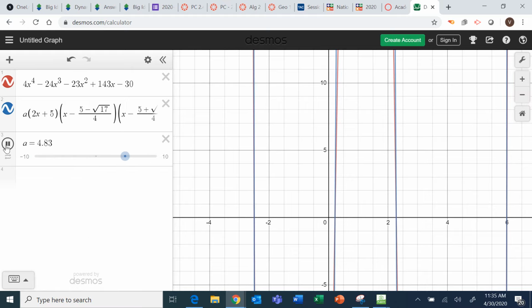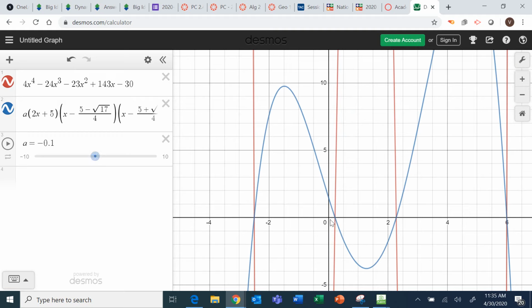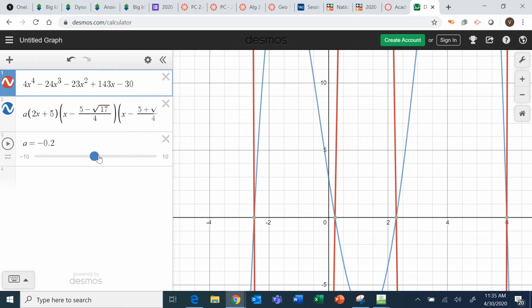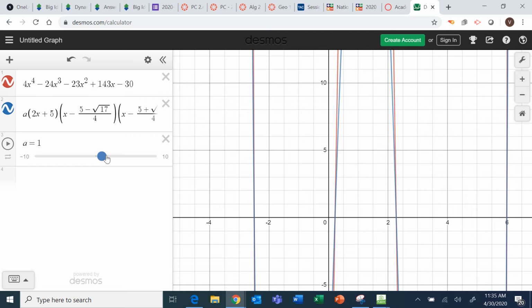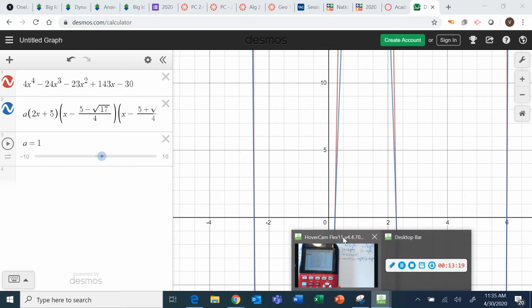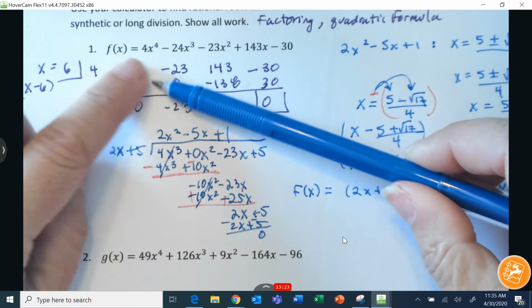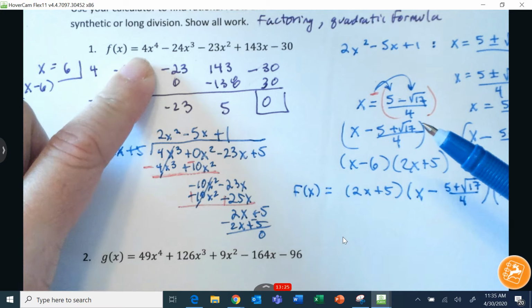And as you should know, if the value up front is negative, it will flip it, but it still has those exact same x-intercepts. It still has the exact same zeros that we found. So it's that value up front. So what I want you to notice, go back to my paper, is that in the original question, there was a 4 in front.